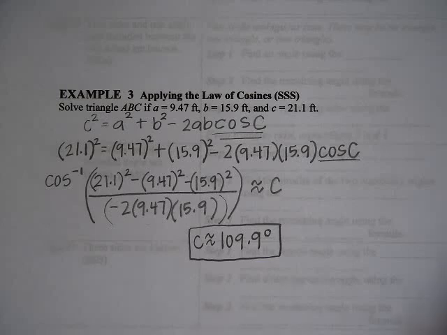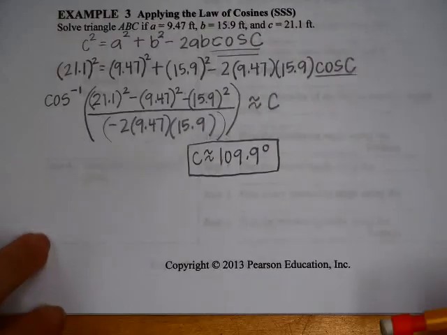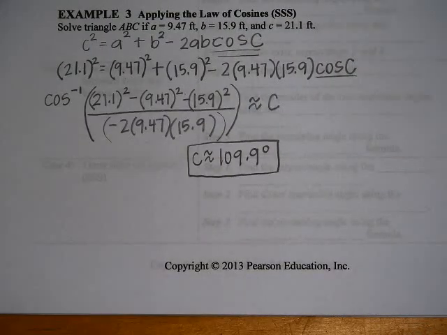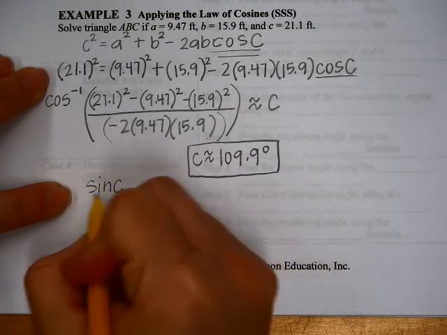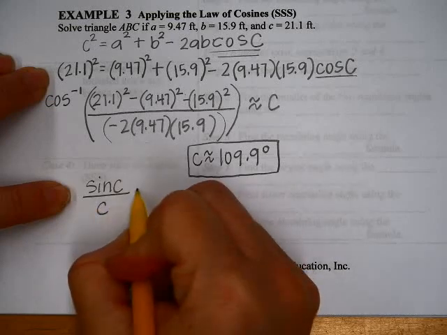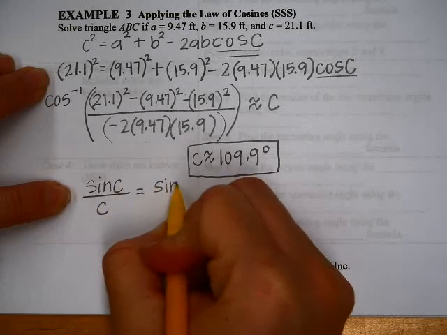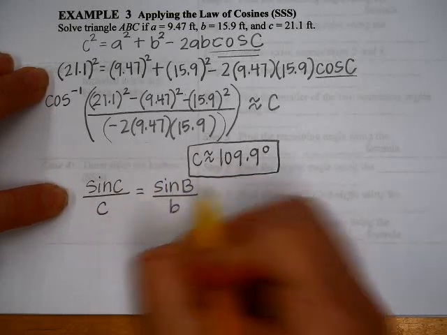Alright, so now once you know big C, then again you can do what you've been doing, right? Okay, is everybody with me on that? Alright, so now you can use your law of sine, right? So we can do sine of big C over little c equals sine of big B over little b.